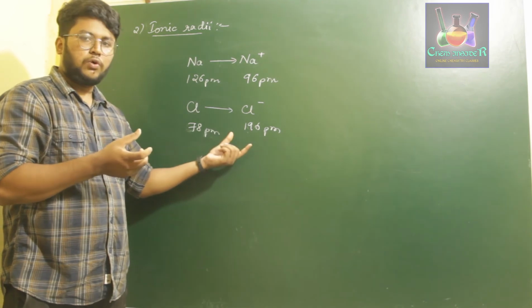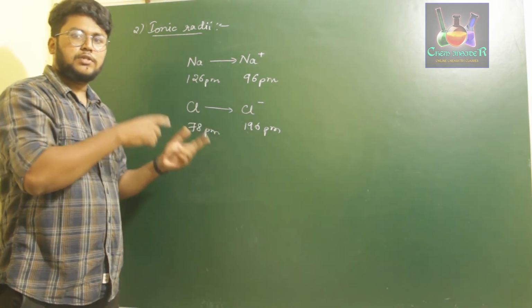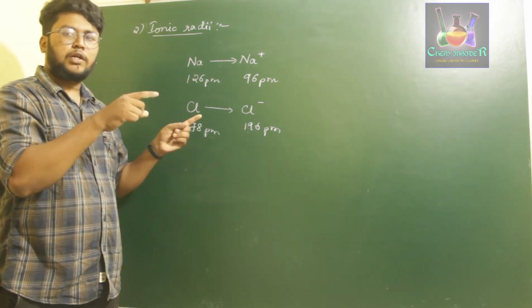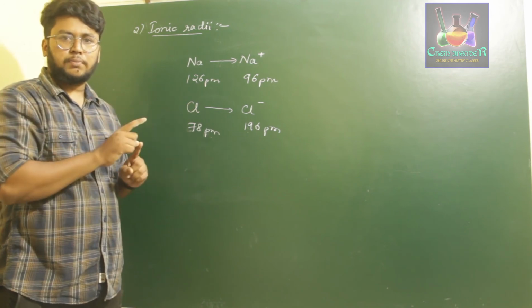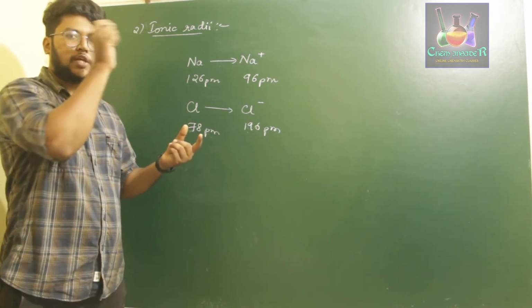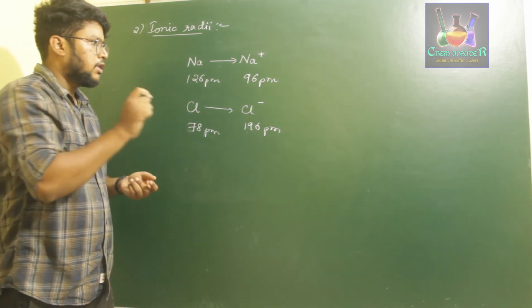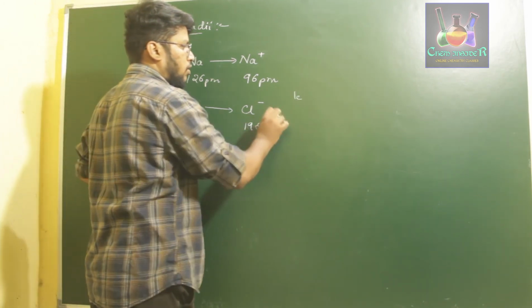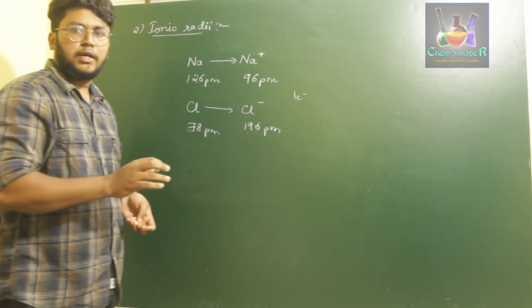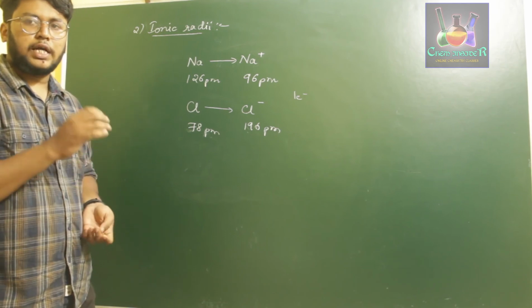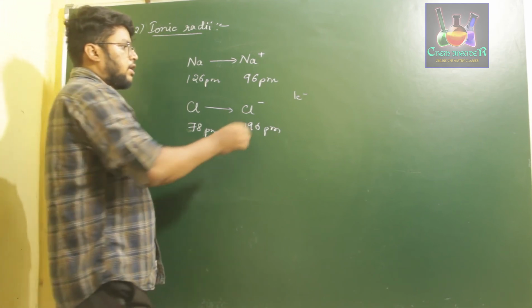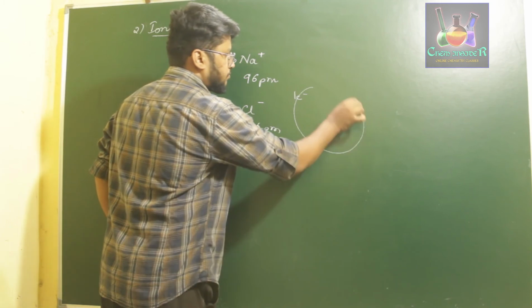Chlorine has 17 electrons and 17 protons, so the 17 protons will be attracting each of the electrons present. When we add one extra electron, the extra electron entering the chlorine orbital will not be attracted by the nucleus to a greater extent. Therefore, the size will be more.